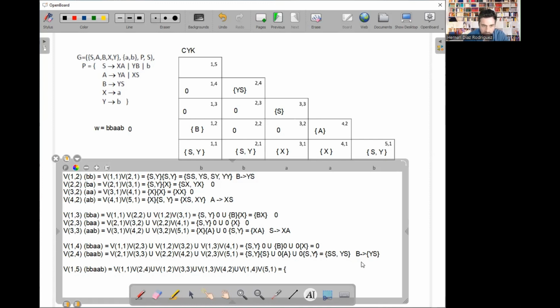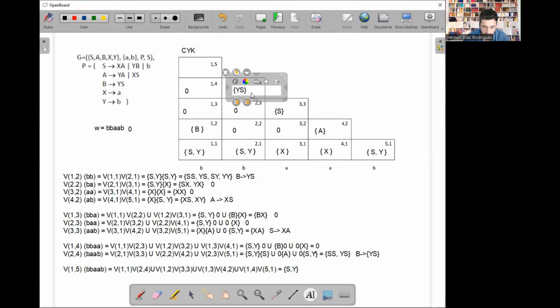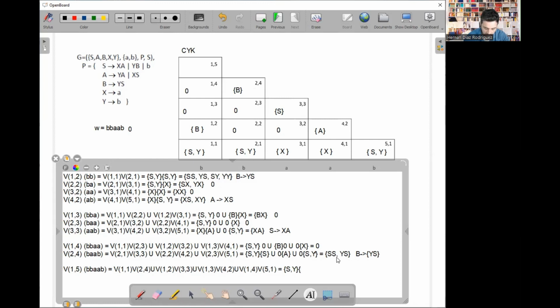So it's what we have in the position 1, 1, concatenated with 2, 4, which is, sorry, why did I put here YS? Right, in 2, 4, it should be B, right? It's the variable that produces the chain, not the chain itself. So let's go back here, right?